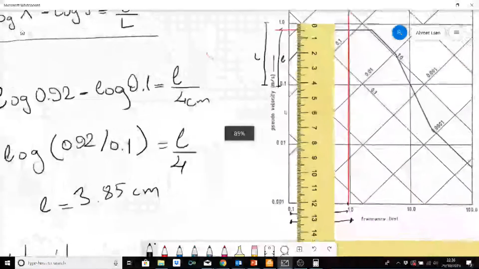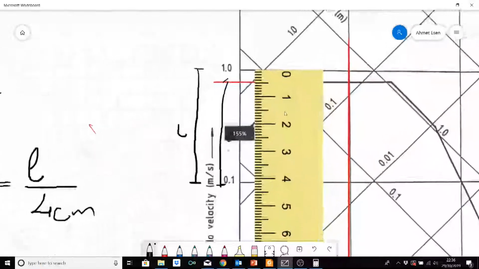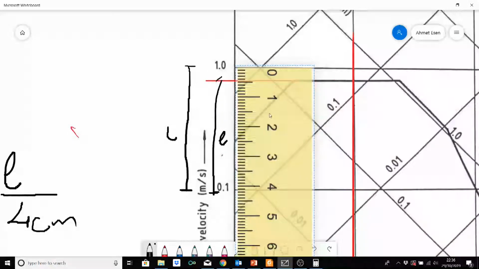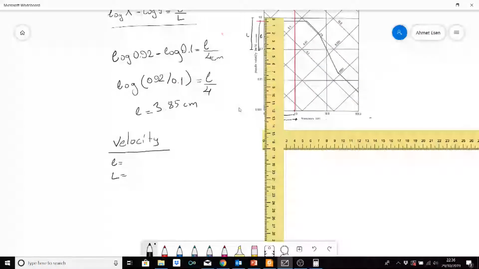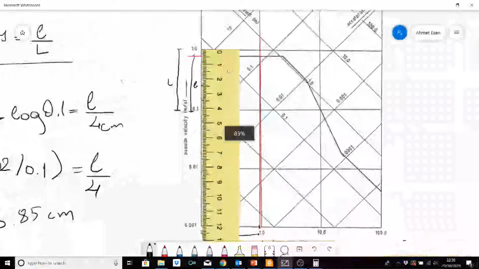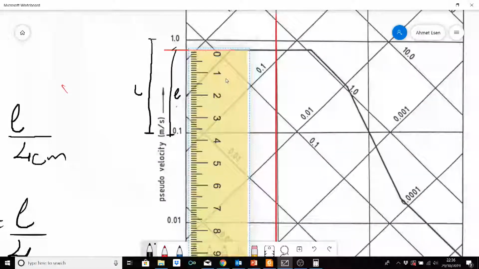Okay, so I zoom in here. I put this closer. So our capital L looks like it is 4.1 centimeter. Okay, this is 4.1 centimeter. And let's find out this one.